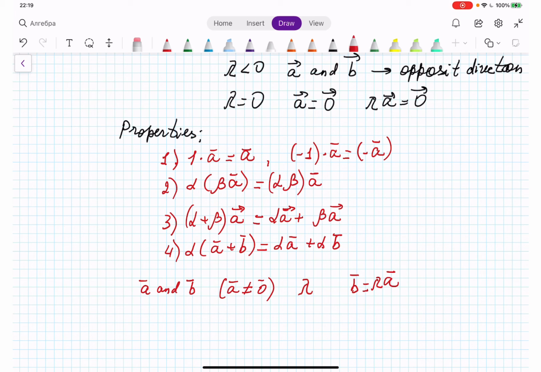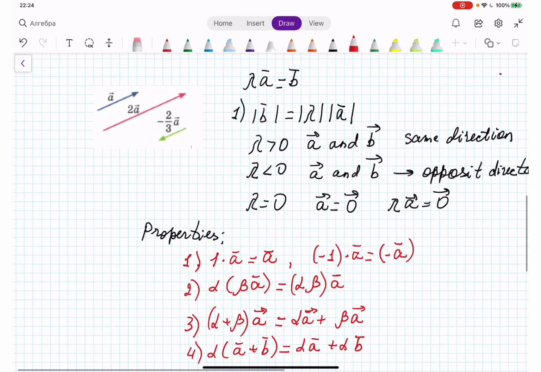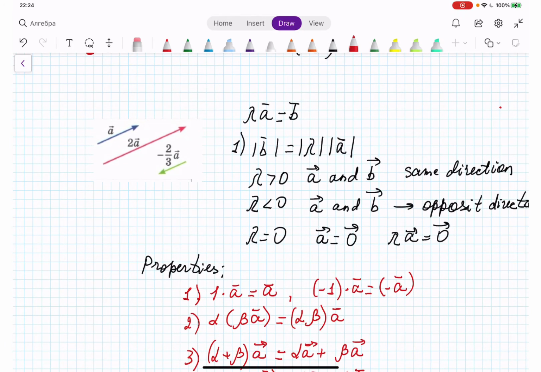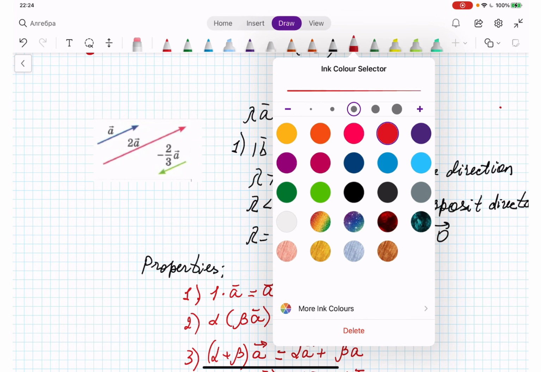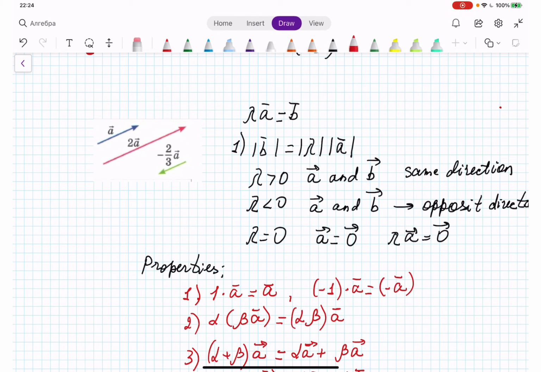Okay, let me explain this multiplication also. Here we have practically our lambda being 2, right? This is equal to 2 times vector A, lambda A, okay?